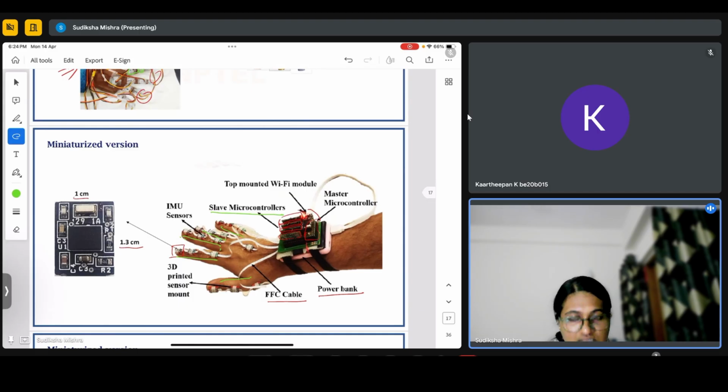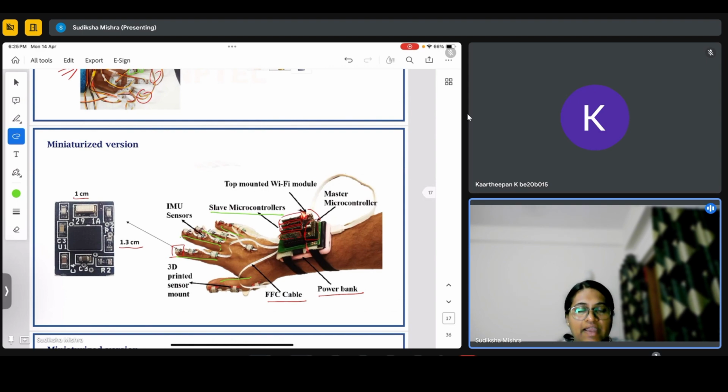These sensors will sense the information, input it into the slave microcontroller, then the slave microcontroller will relay the information to the master microcontroller, which will finally give the information to the system.